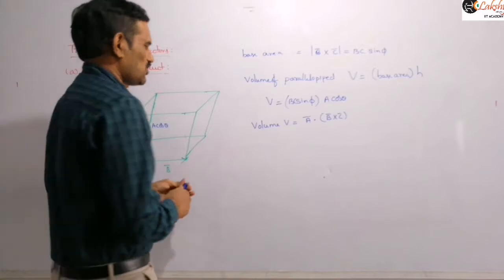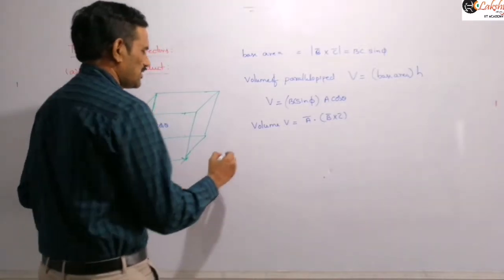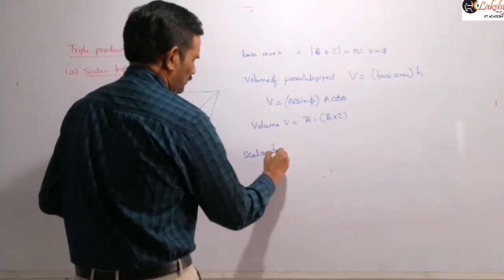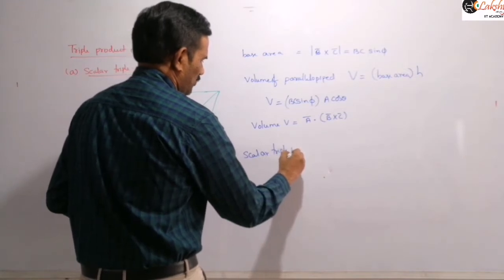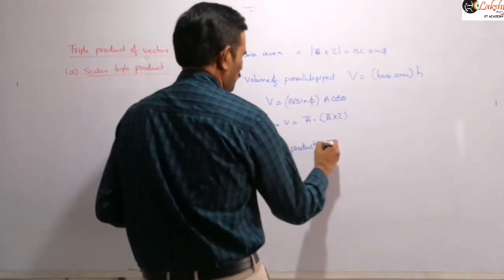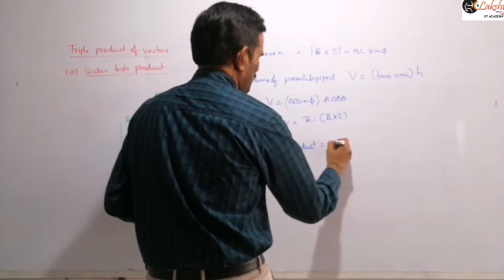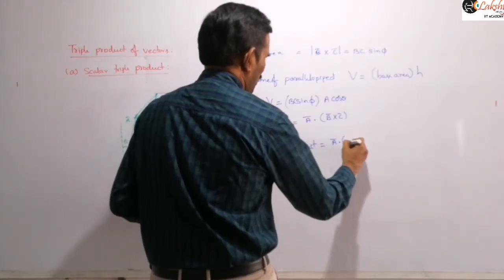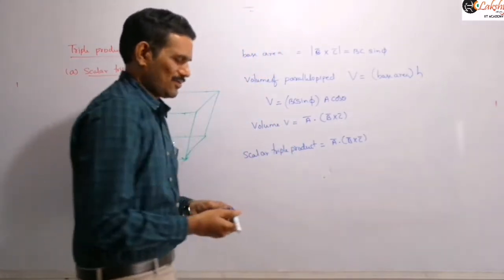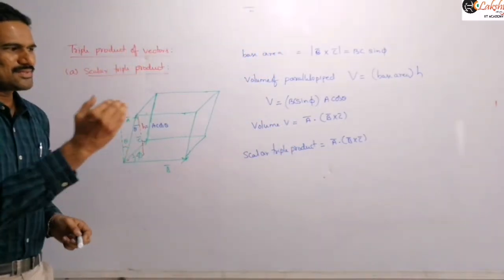And so therefore from this what we can write is the scalar triple product as A bar dot B bar cross C bar, and you can observe here that the order is not important.